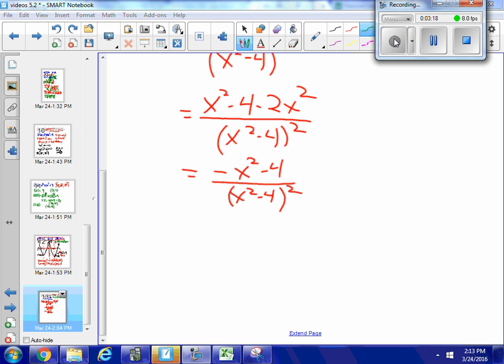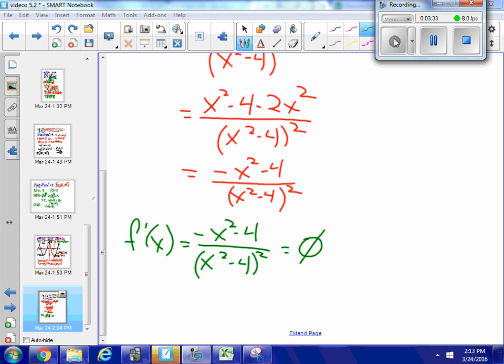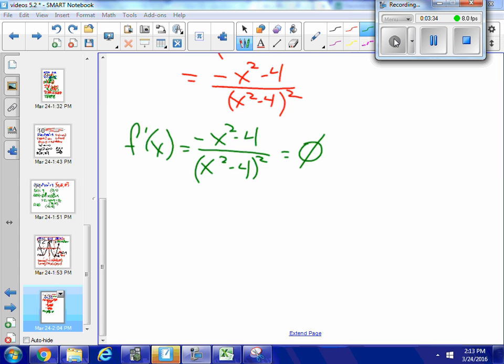Do I have any points where f prime of x, which is negative x squared minus 4 divided by x squared minus 4 squared, is there any place where that equals 0? Well, I'm going to concentrate on my numerator here. Negative x squared minus 4 equals 0.